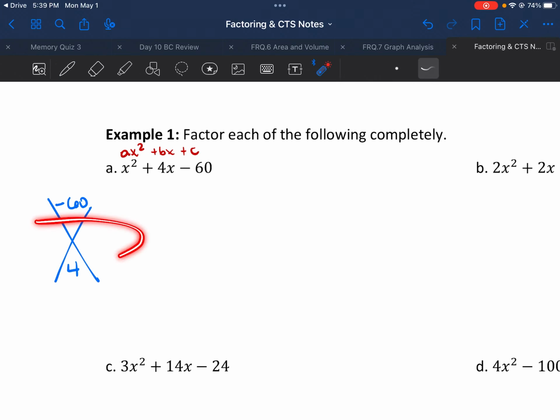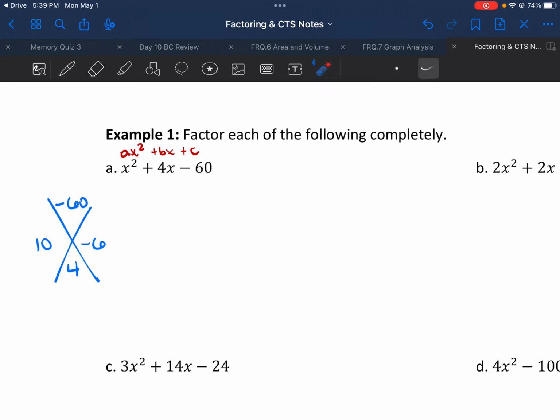The goal is we want to try to find two numbers that multiply to the top, but those same two numbers need to add up to the bottom. Thinking about this, I'm seeing 10 and negative 6. 10 times negative 6 gives me negative 60. 10 plus negative 6 gives me positive 4.